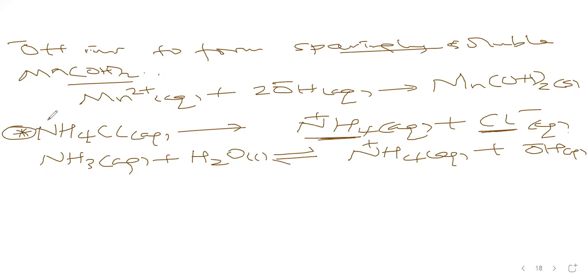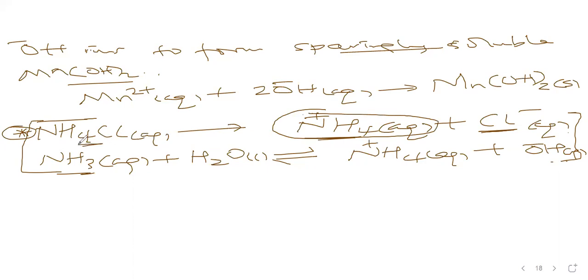And recall what we looked at in a buffer solution, where we talked about suppression of ionization. So here, the high concentration of ammonium ions from the strong electrolyte ammonium chloride suppress, I would use the word suffocate, but it will not work here.